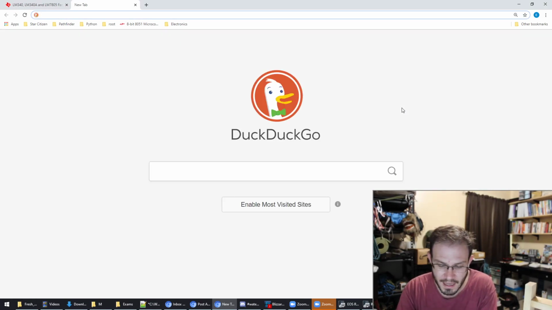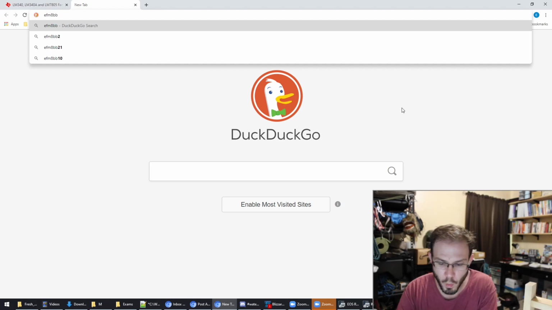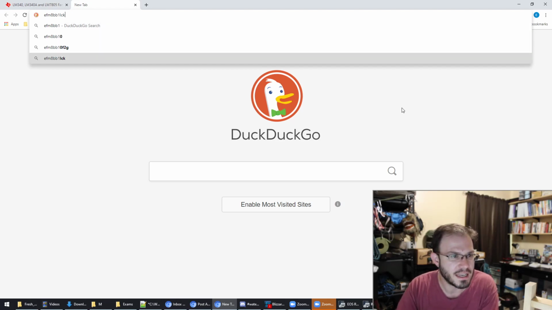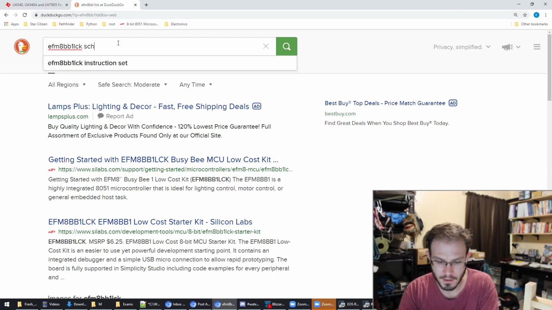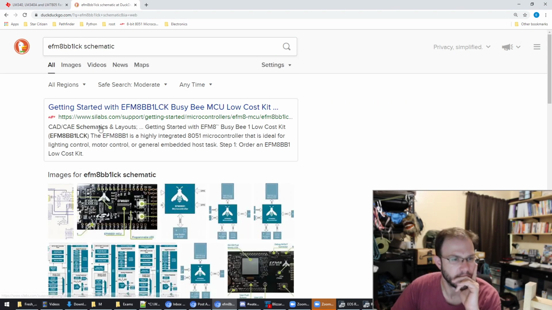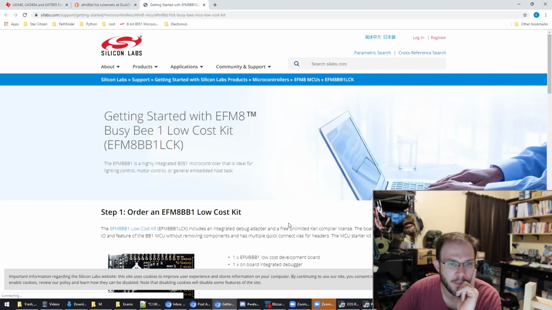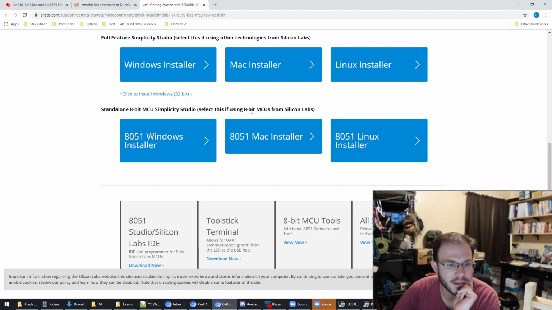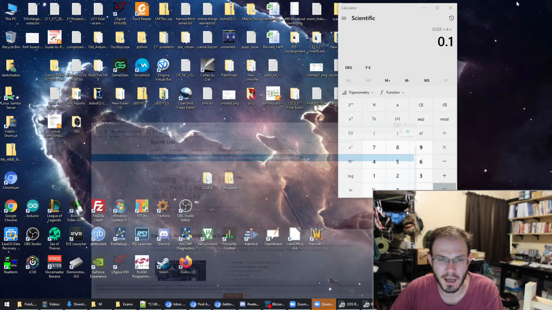What is it? It's the EFM8BB1 LCK schematic. Do they provide the schematic? Okay, I actually have the schematic on my desktop.